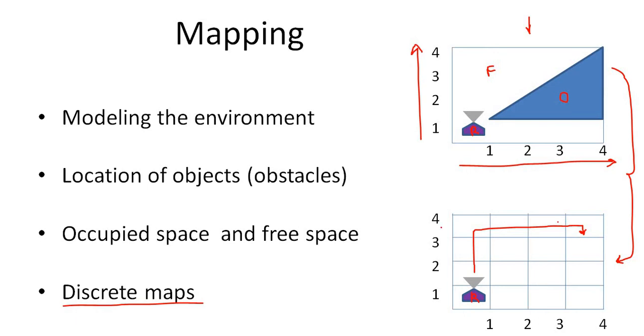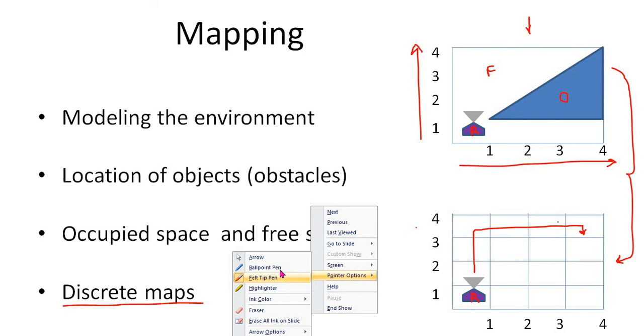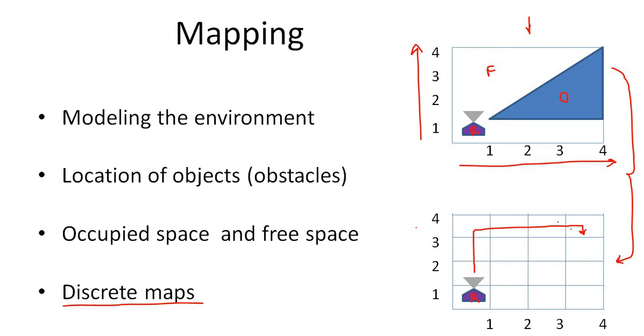I will change the color so it's visible easily. So here the robot will go, and the obstacle is like this. When the robot reaches this position in this cell, the sensor will detect an obstacle here.